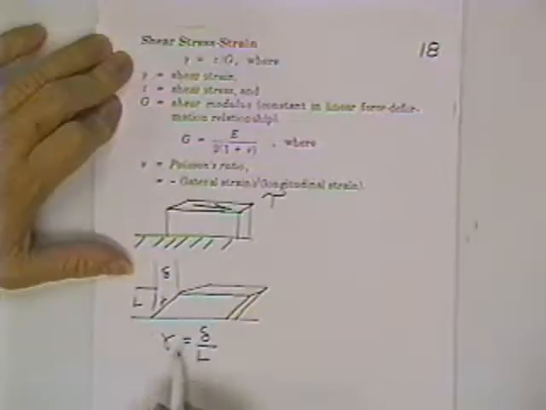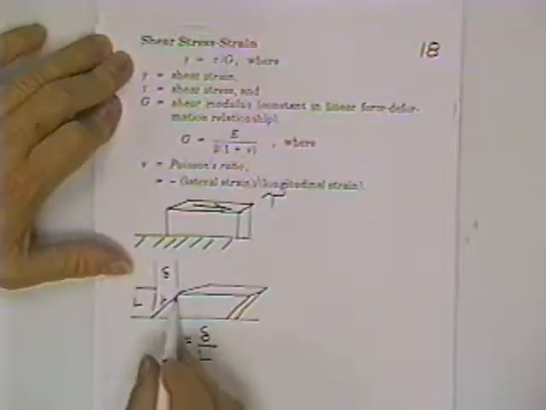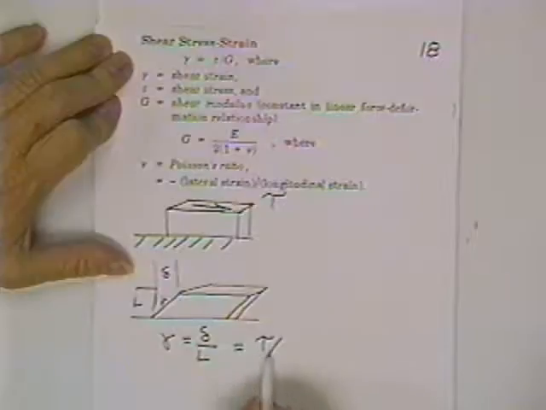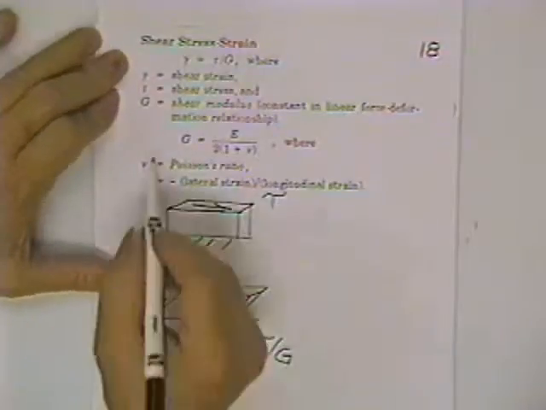Actually, I guess the truth is the tangent of this is this angle, but for small angles, and these are always small angles, the tangent of the angle is equal to the angle. And that's also equal to shear stress divided by what they call the shearing modulus of elasticity. And this number is also in the book.